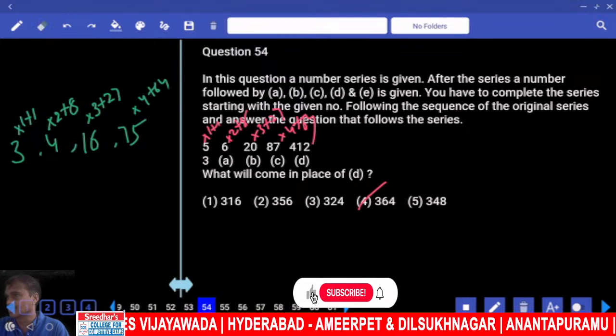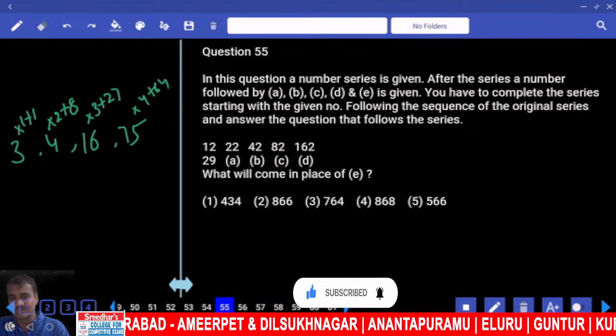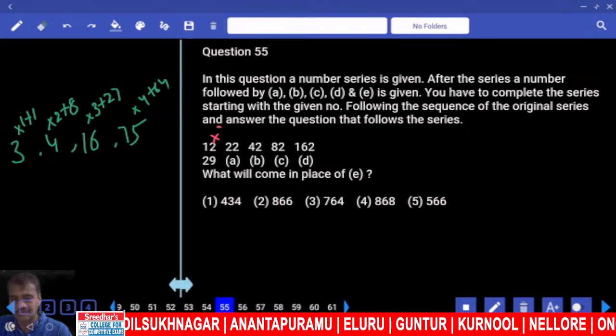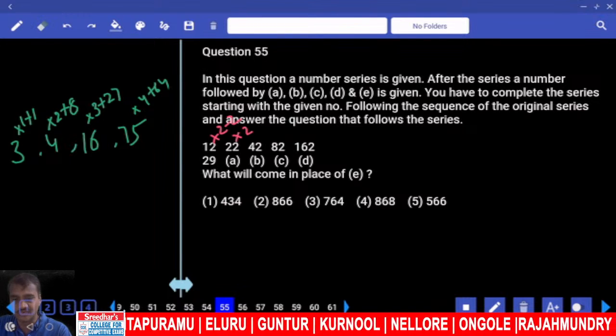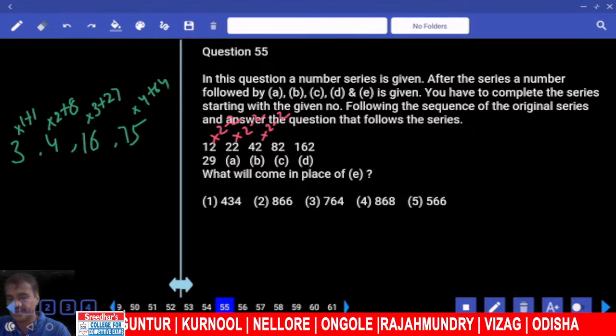Into 1 plus 1 cube, into 2 plus 2 cube, and so on. Then 55, 12 and 22. What is the difference we have? Into 2: 12 into 2, 24 minus 2, 22 into 2, 44 minus 2, 42 into 2, 84 minus 2, and so on. Into 2 minus 2.